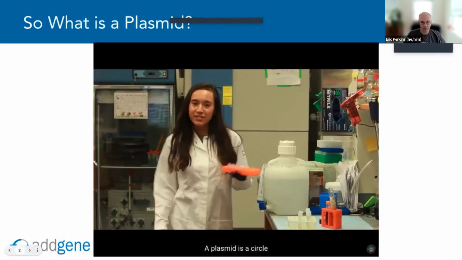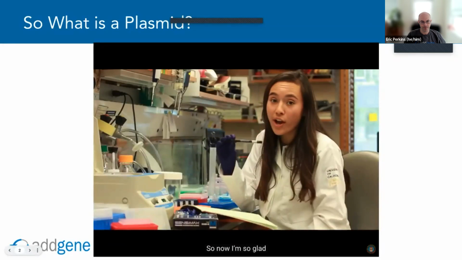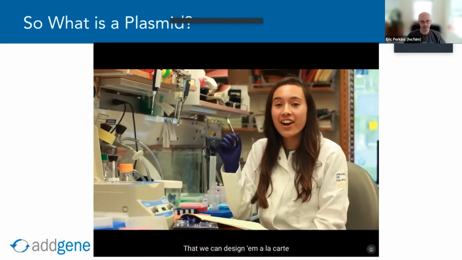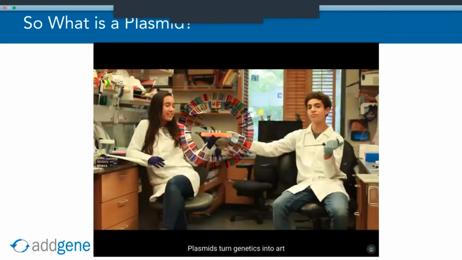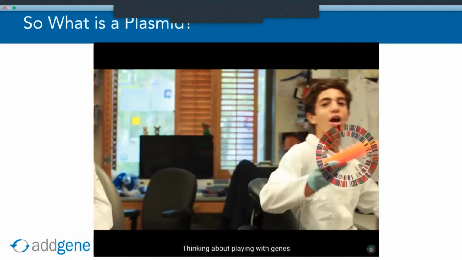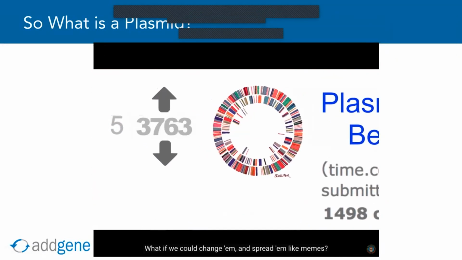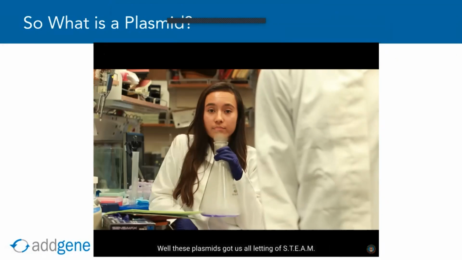A plasmid is a circle of DNA with lots of parts. Bacteria make them, but scientists can't break them apart. So now I'm so glad that we can design them a la carte. So they should be shared, be shared, be shared. Plasmids turn genetics into art. Thinking about playing with genes. What if we could change them and spread it like memes? What if we could rearrange them to study proteins? Well, these plasmids got us all letting off steam.